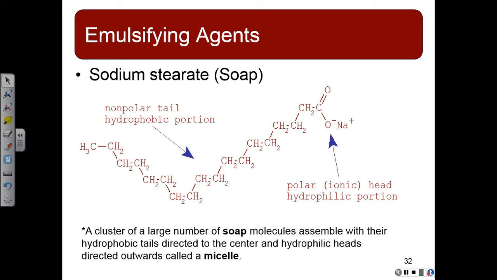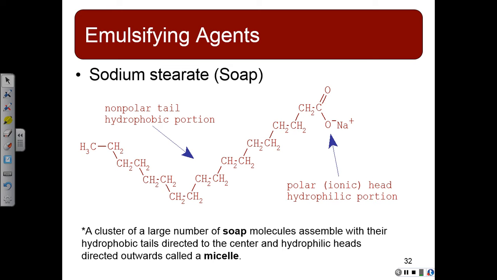This is one soap molecule. There are hundreds, or even thousands, when you use a tiny drop of soap. The main thing that is so important about this molecule is that it has a nonpolar portion and a polar portion. The double oxygens and this positive, negative charge are the head of the molecule.